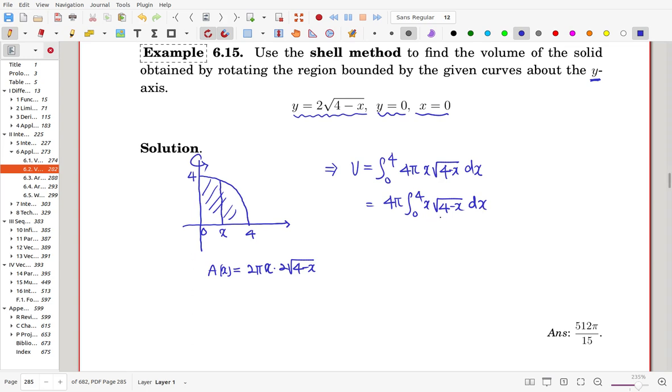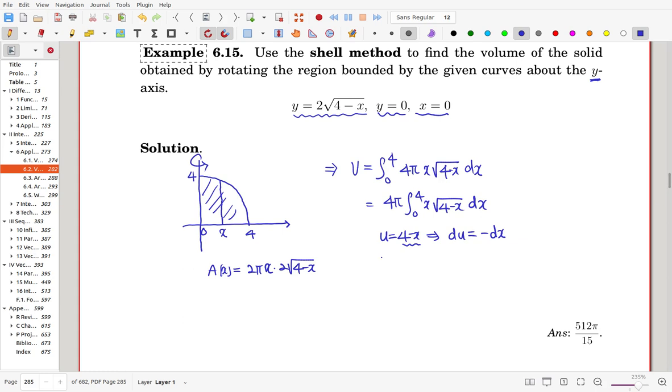For this problem, we may introduce u for 4 minus x, a change of variable, or u substitution. u is 4 minus x, then du equals the derivative, which is minus 1, so minus dx.